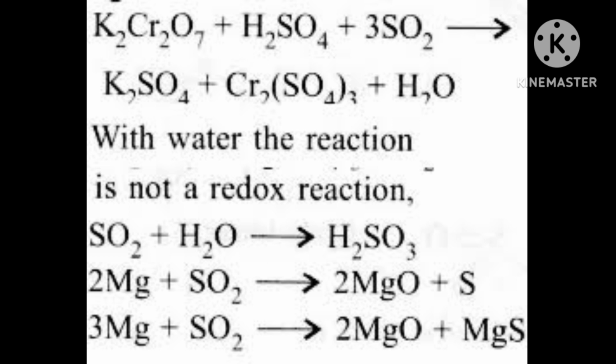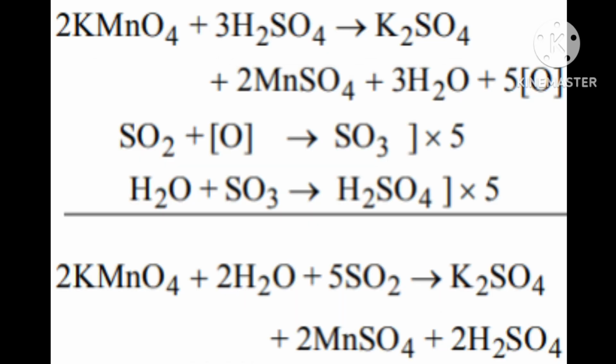Although many reactions can be understood by consideration of redox potential, the kinetics of the reaction is also an important factor. Permanganate at hydrogen ion concentration equal to 1, that is H plus equal to 1, this is the condition I am telling you, should oxidize water.